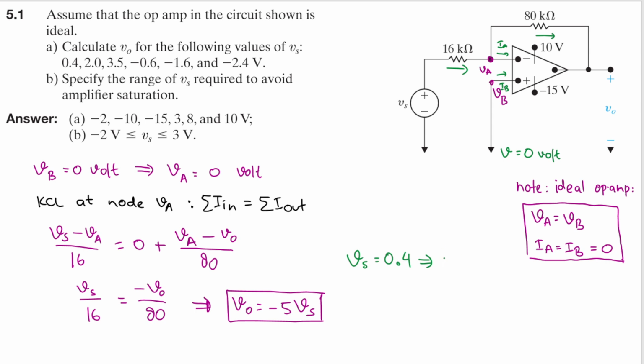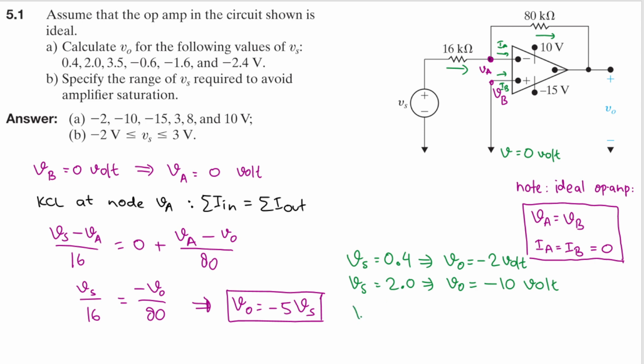That will be minus 2 volt. Okay, V0 is equal to minus 2 volt. And then for 2.0, V0 is just 5 multiplied by 2, that will be 10. But we will have a negative sign, so I will have minus 10 volt.